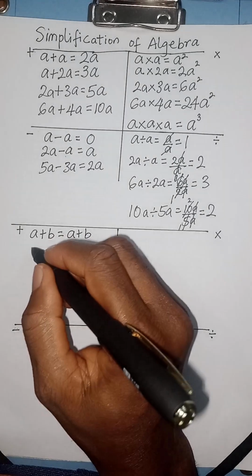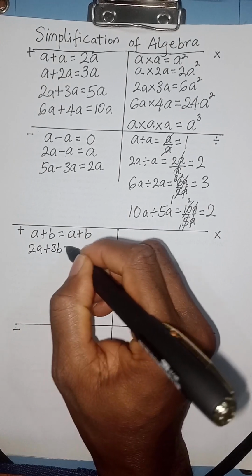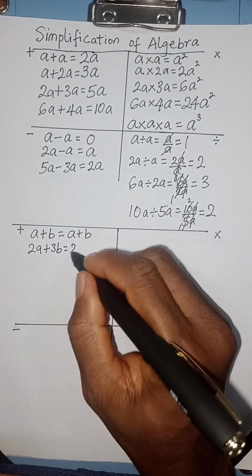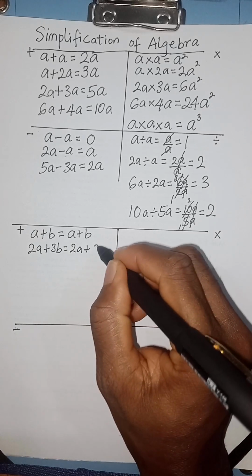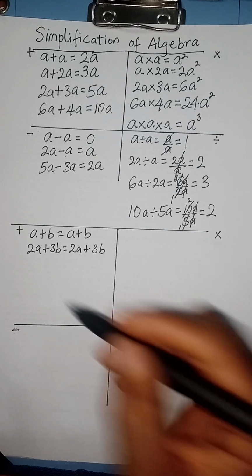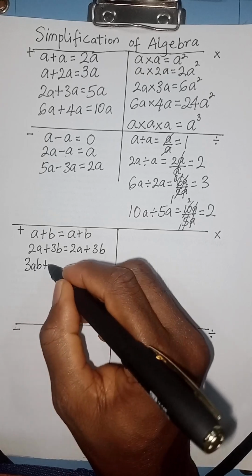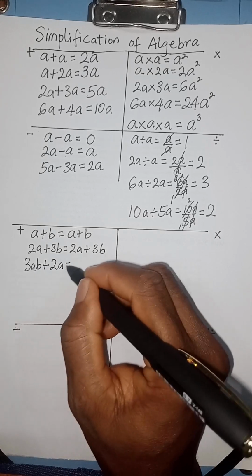The same principle applies to 2A plus 3B. It's going to be 2A plus 3B. Unlike terms, you cannot add them together. Let's assume I have 3AB plus 2A.